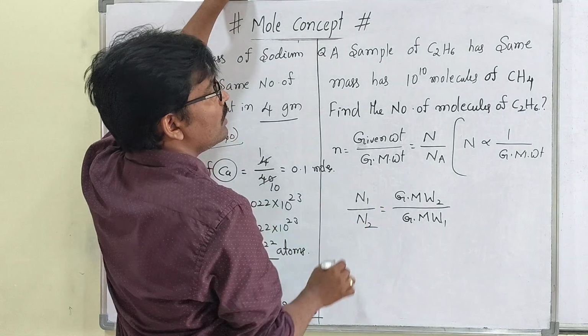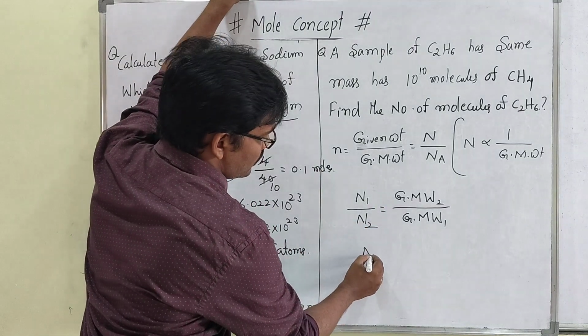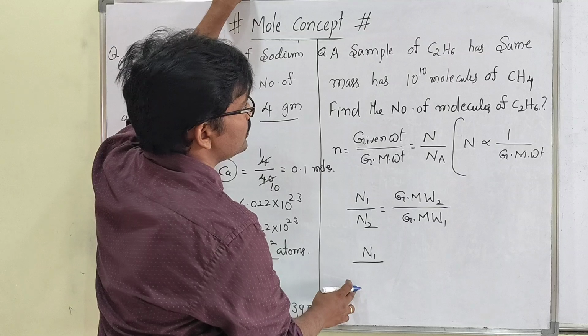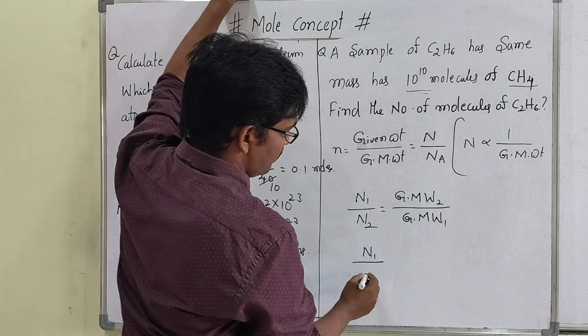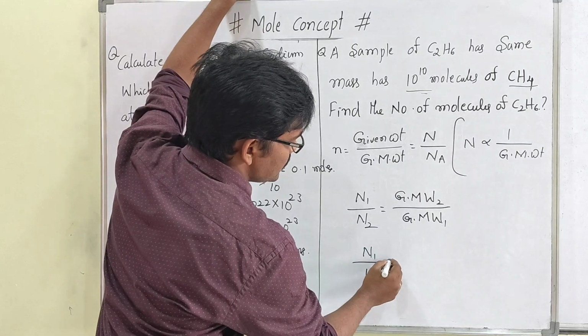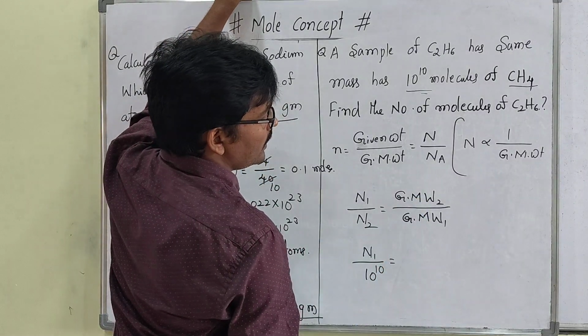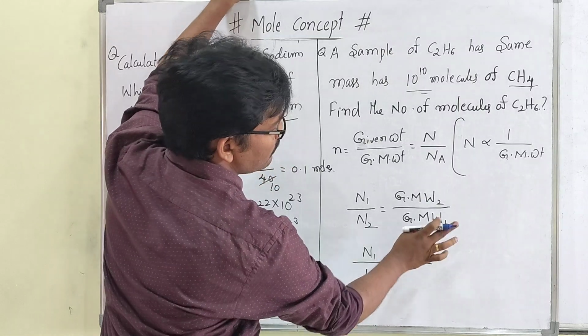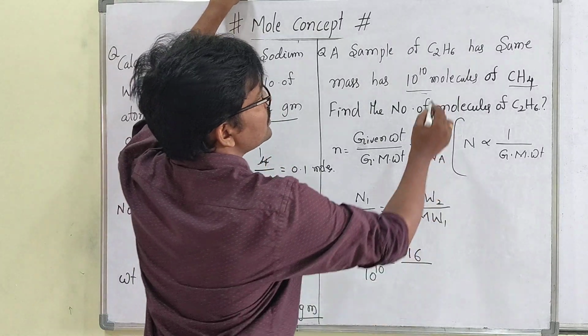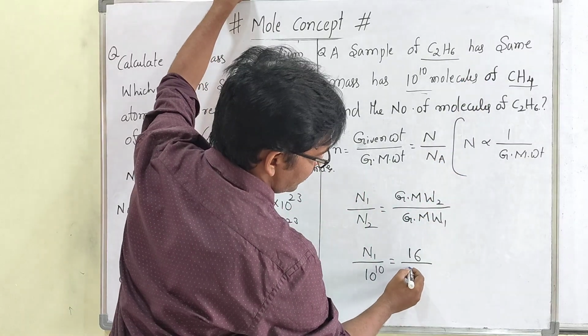N1 molecules only we have to find, so we take it as it is. N2 molecules is the number of CH4 molecules, 10 to the power of 10 molecules is given. Gram molecular weight of the second one, CH4, is 16. Gram molecular weight of C2H6 is 30.